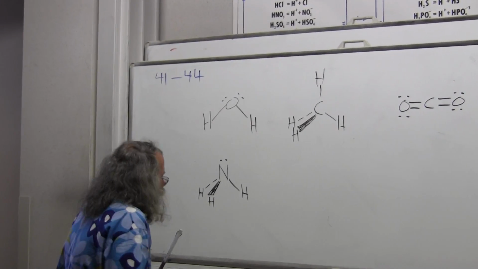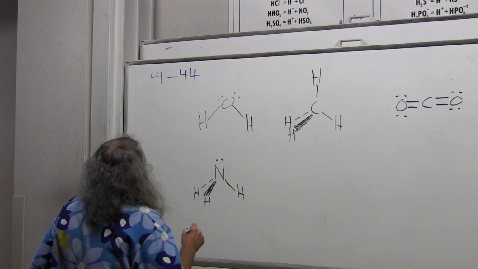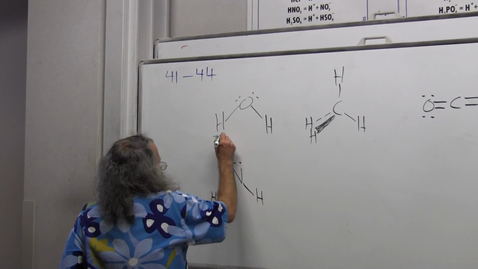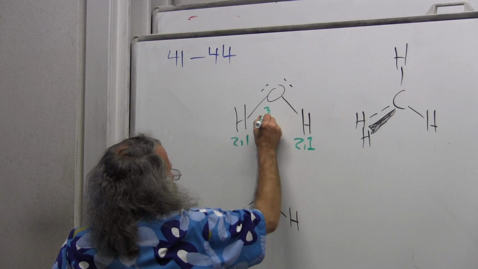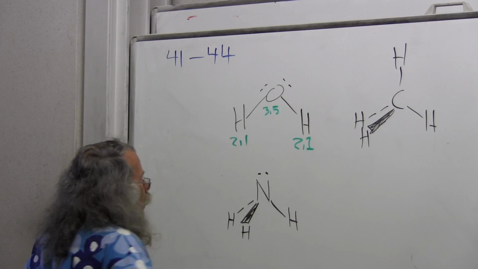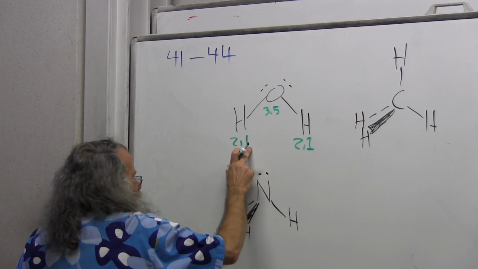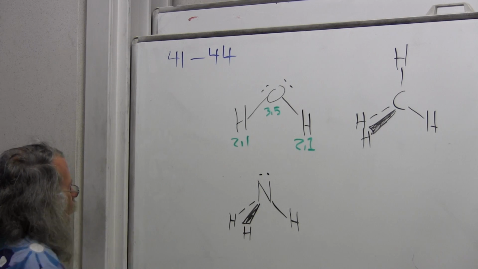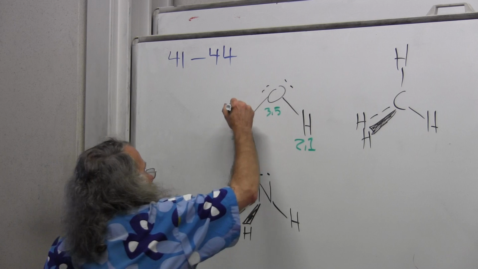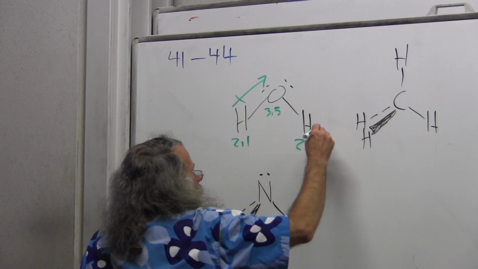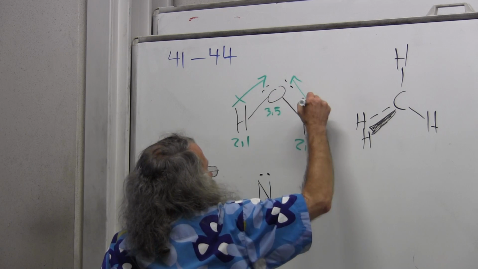I've got an electronegativity of 2.1 for the hydrogens and 3.5 on the oxygen. Well, 3.5 minus 2.1 is around 1.4, much bigger than 0.4. So I have a dipole going this way and a dipole going that way.